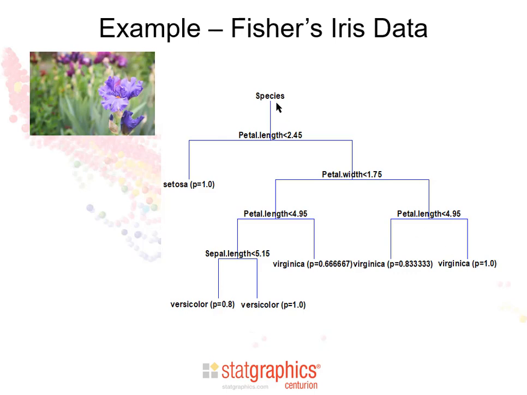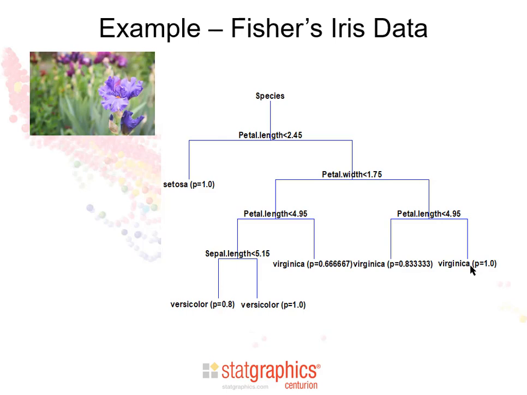Now you may notice that in some cases, if you travel down a branch, for example, way to the right of the tree, on the last split based upon the petal length, whether you go left or right, it classifies you as being Virginica. However, if you go to the right, we're quite certain of that.